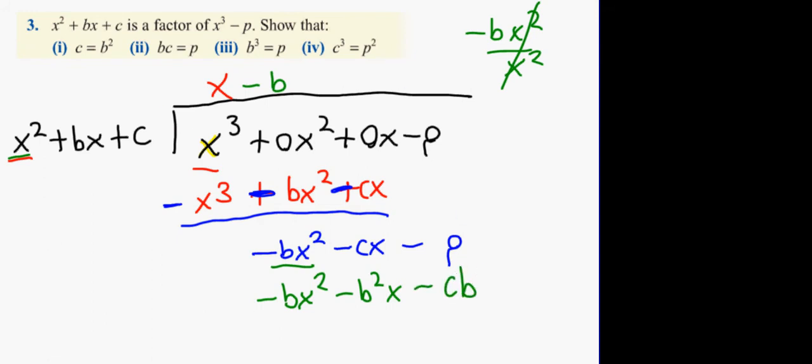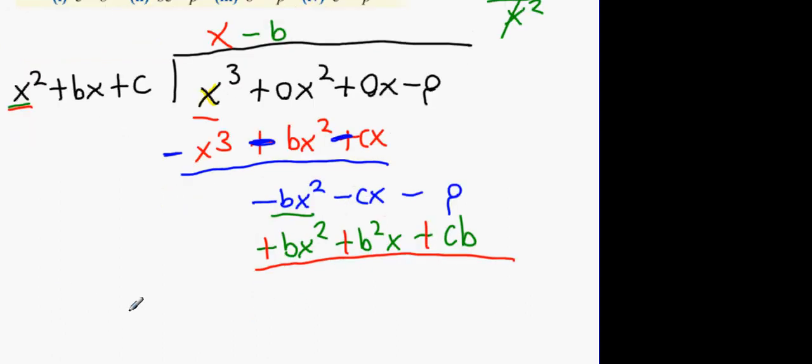Now, we just change the signs. Plus, plus, plus. And what we're going to get is the following. We're going to get b squared x minus cx equals 0. This means b squared minus c equals 0.